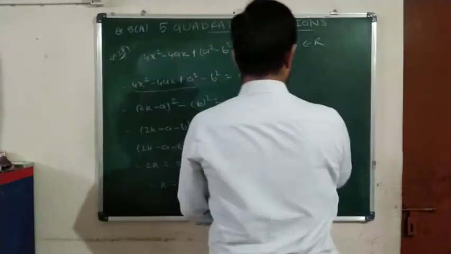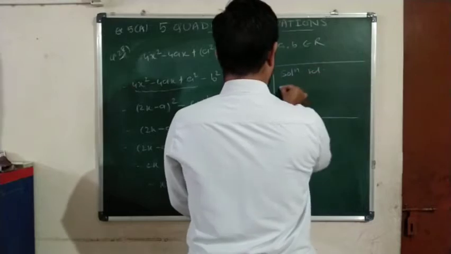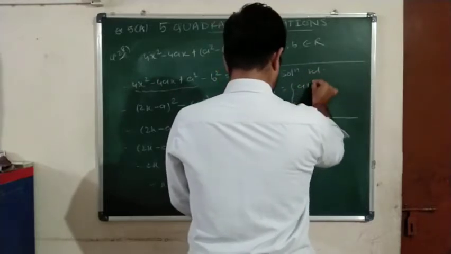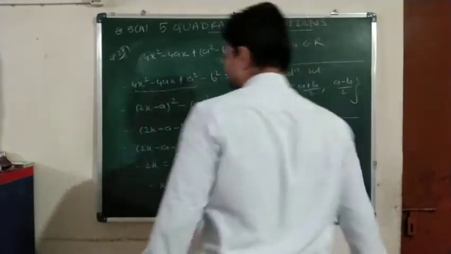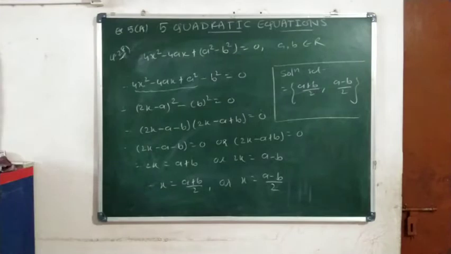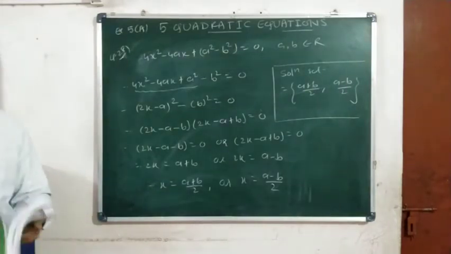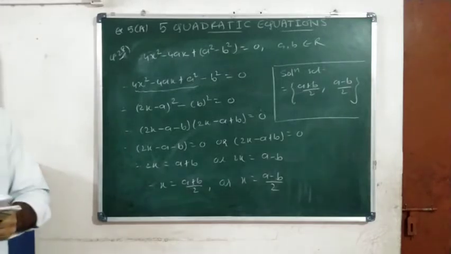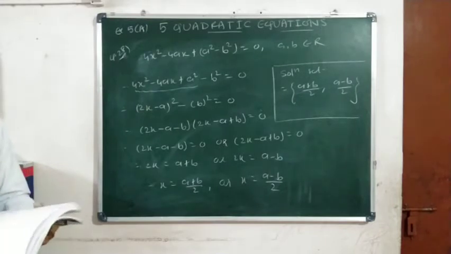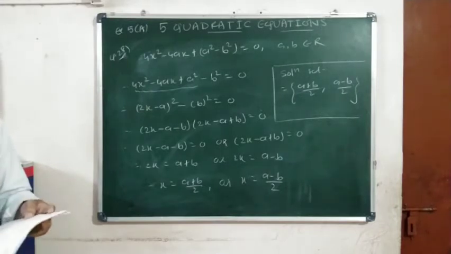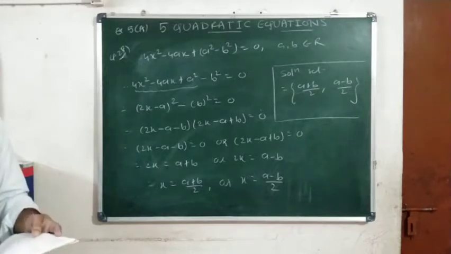So the solution set is a plus b upon 2 comma a minus b upon 2. So question number 28 is also over.